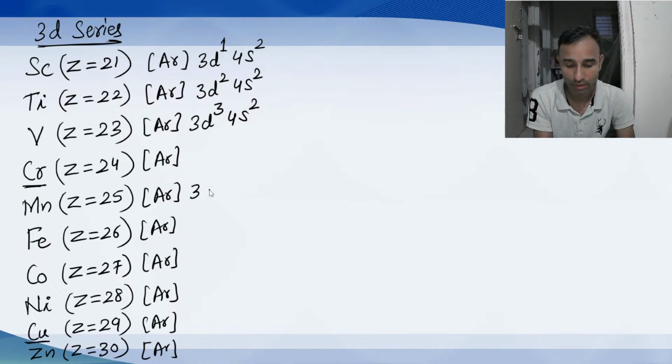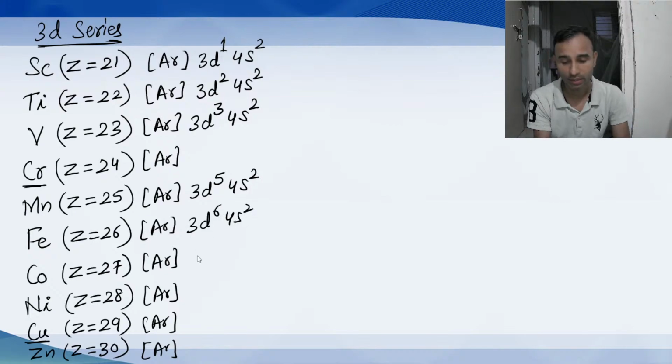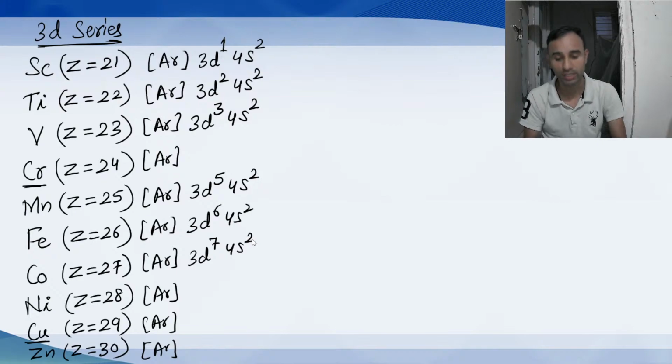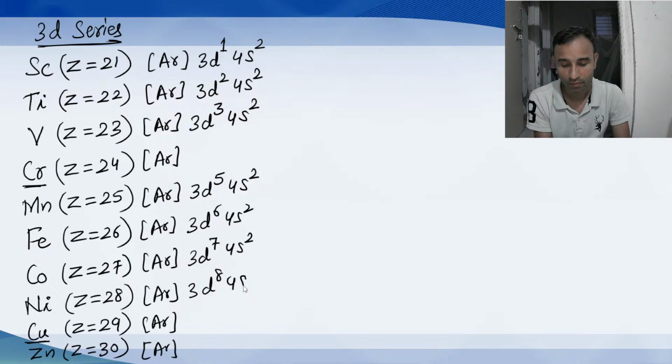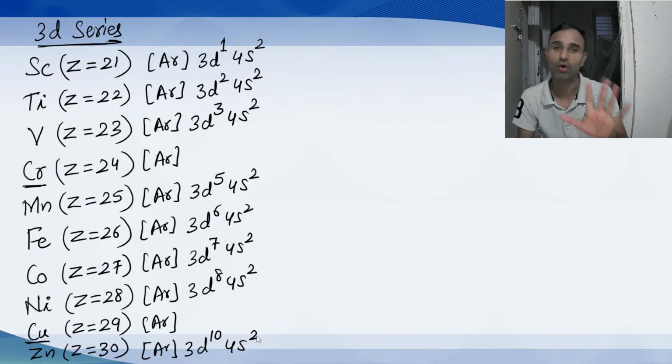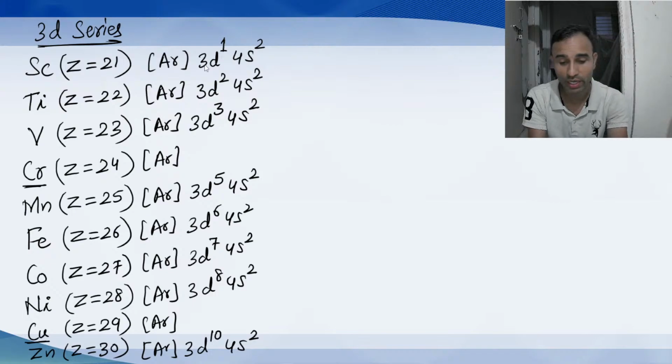The rest is the same: 25 is 3d5 4s2, 26 is 3d6 4s2, cobalt 27, 28 is 3d8 4s2, 30 is 3d10 4s2.